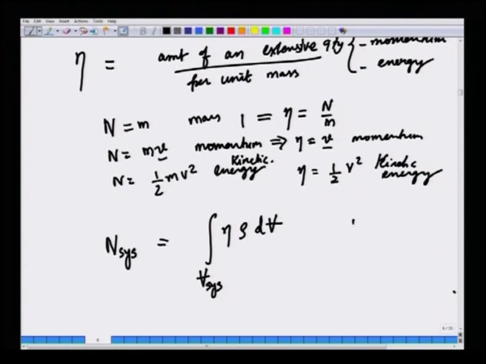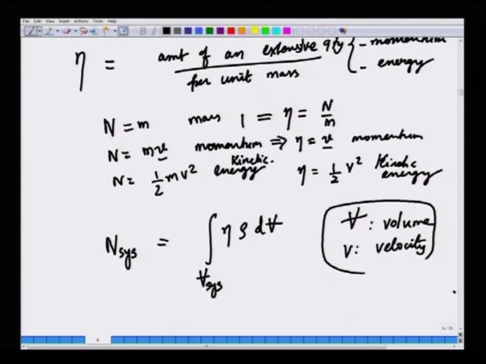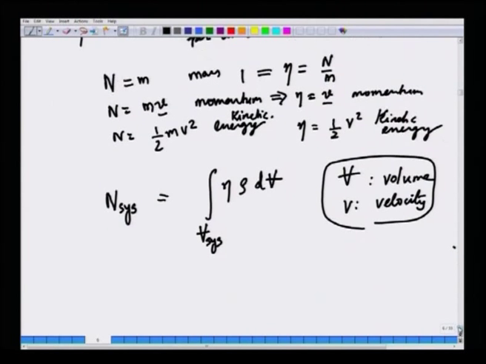I am going to use a V with a cross line like this for volume, because V is normally used for velocity. So, in order to distinguish volume from velocity, we will use a V with a cross line like this for volume and just mere V for velocity.